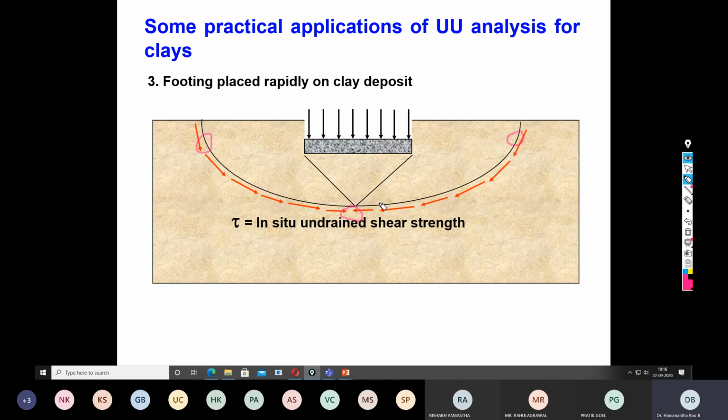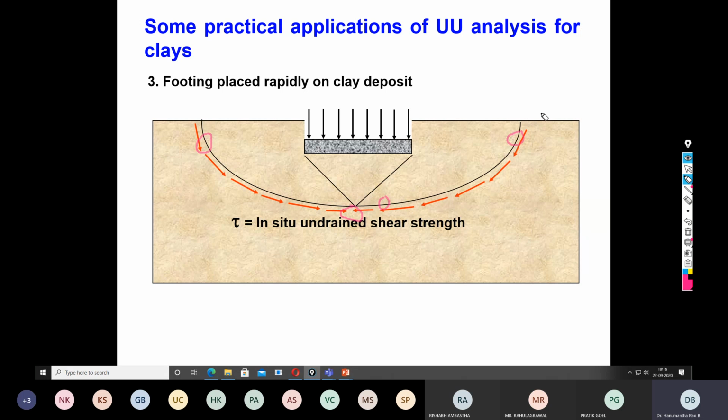Then slowly it progresses until the entire failure plane gets developed. However, from the development of the one point to reach the failure plane to the top, it won't take much time. It can happen in a couple of hours or a couple of days.